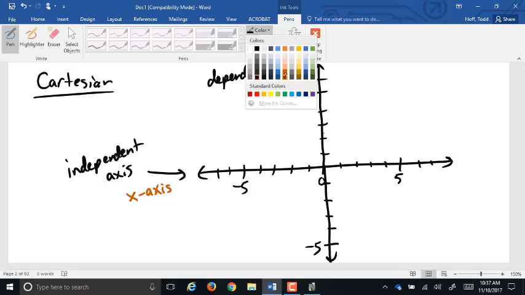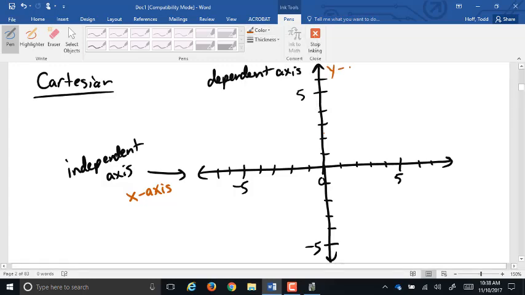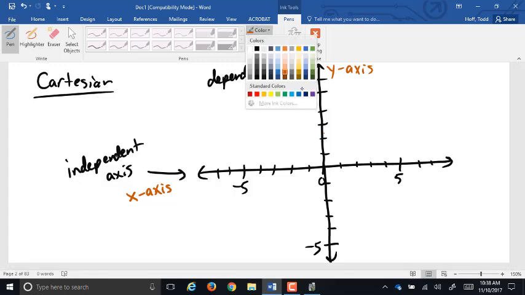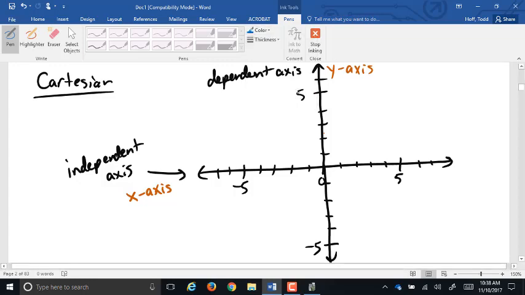Again, many of you may have referred to that as the y-axis. And as I said, this axis is the one that usually is being influenced, whatever variable goes here is being influenced by the value on that horizontal or independent axis.